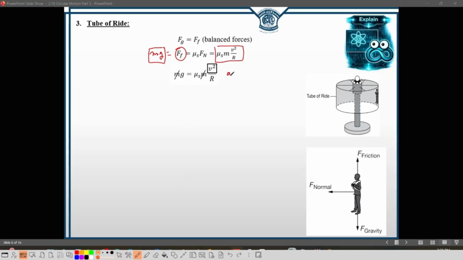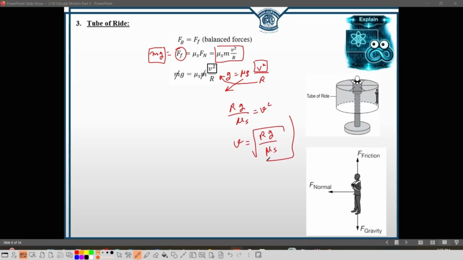So g is equal to mu s, that's the coefficient of static friction, multiplied by v squared over r. Since we are looking for v squared, we just move the mu s to the other hand side and the r up. So rg over mu s equals v squared, which means v is equal to the square root of rg over mu s.